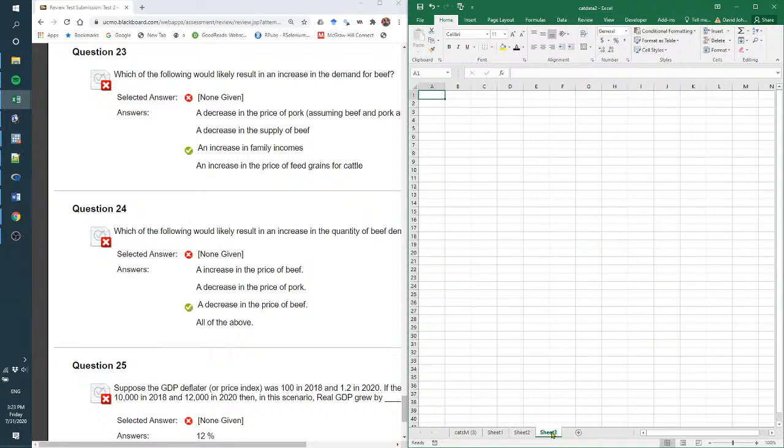I'm going to make a new page here. All right, so what we want to have is 2020 and 2018. That's going to be the year. And we're going to have nominal GDP.